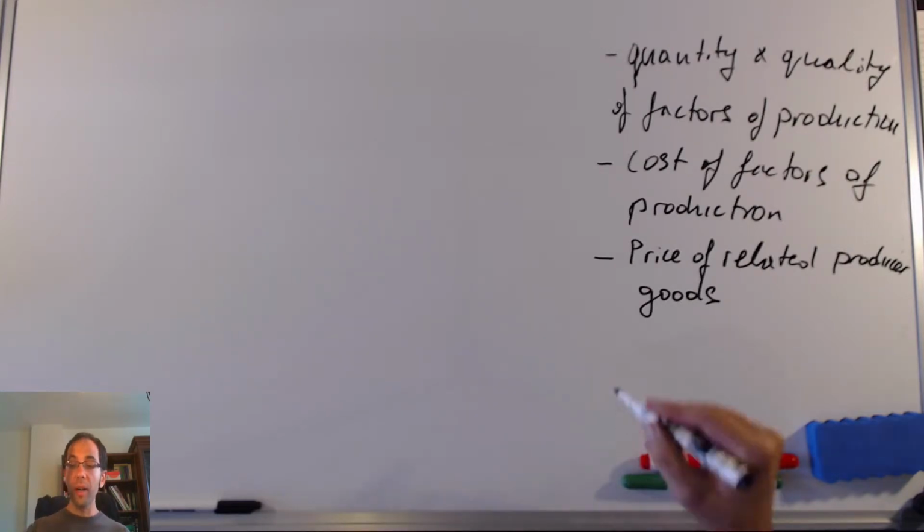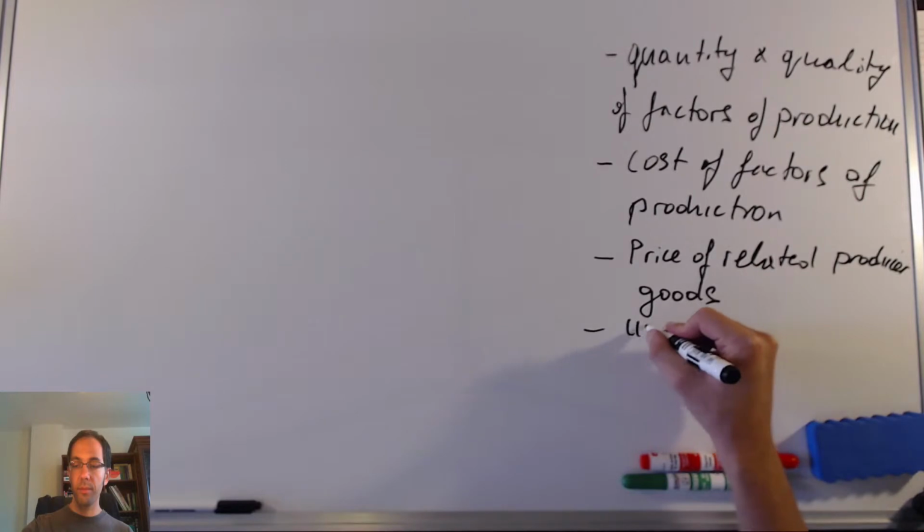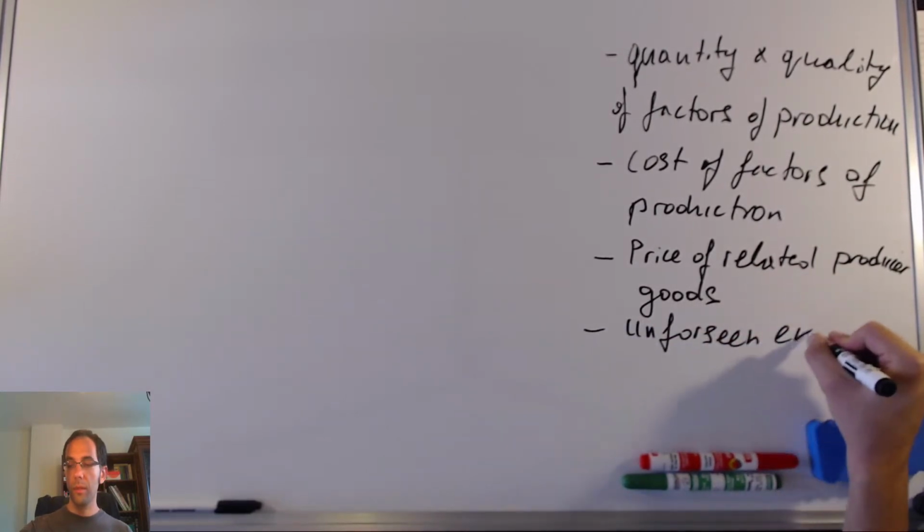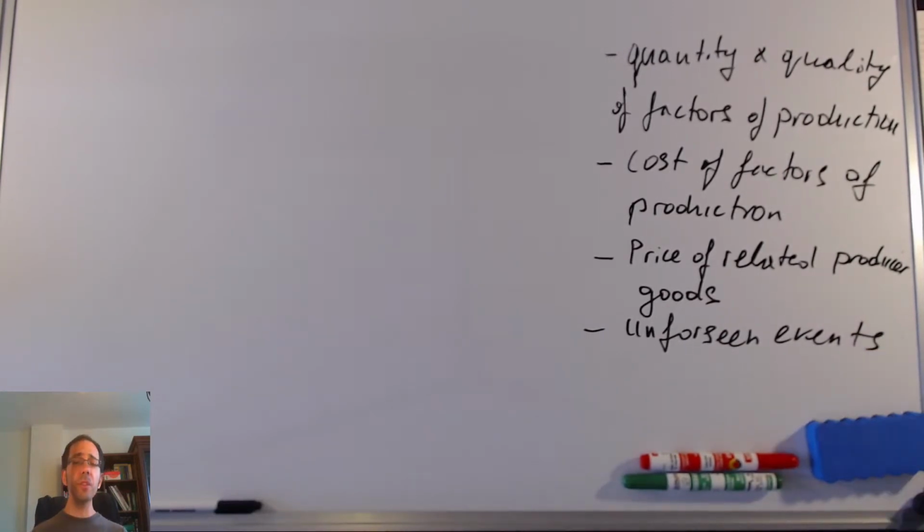We can have unforeseen events. And our unforeseen events are usually things that we have no control over. For example, the workers may go on strike. That will negatively affect the supply because the labor used to produce goods or services will not be available.